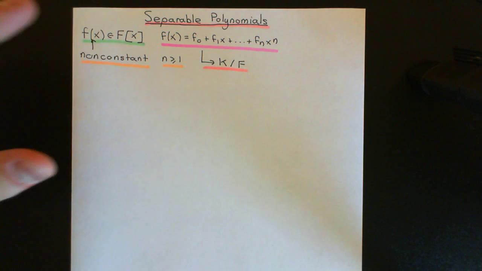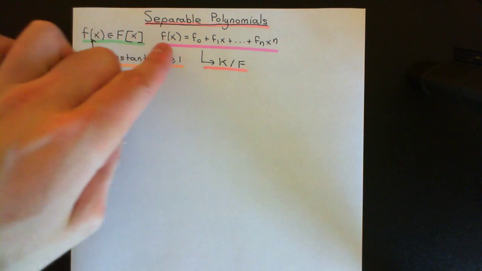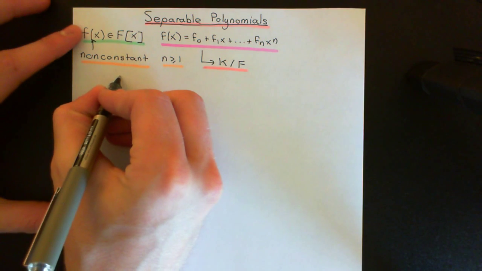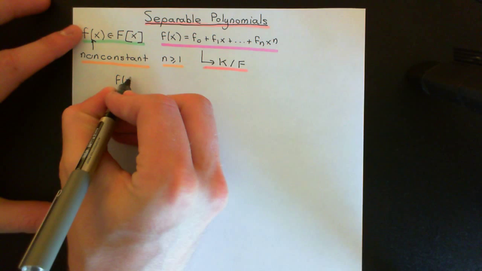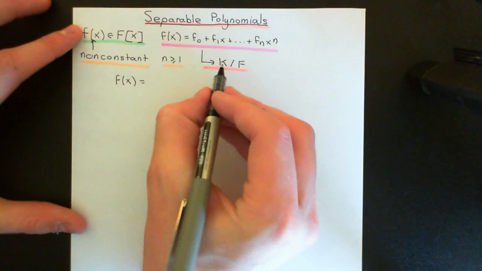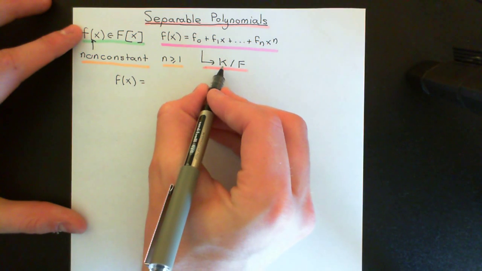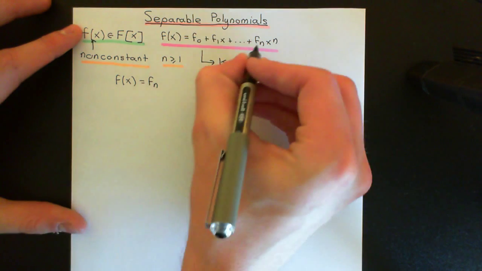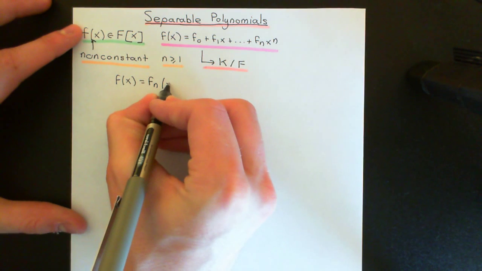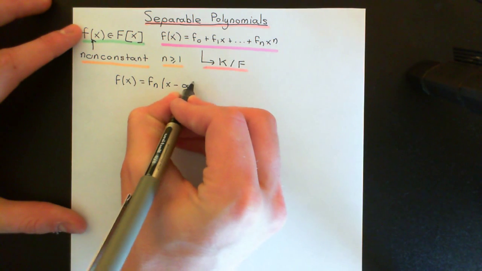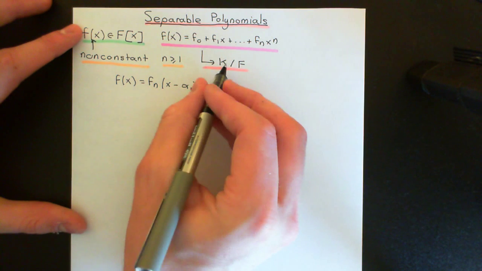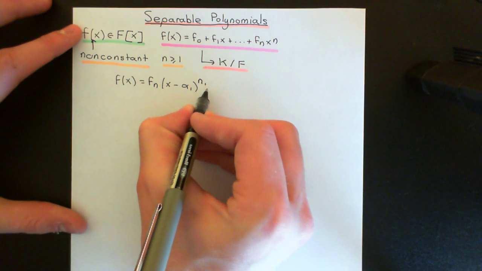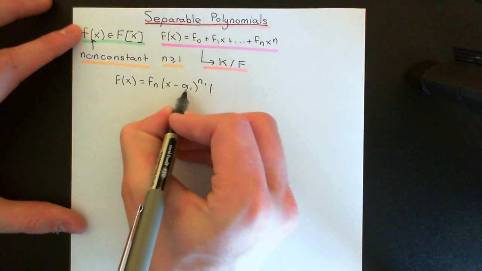Over this splitting field, this polynomial will split into linear factors, so it will look something like this. f of x, and this is a statement I can write only in the ring of polynomials over the splitting field, is equal to fn, the leading coefficient out the front, and then x minus alpha 1, where alpha 1 is a root of the polynomial that's in the splitting field, capital K, to the power of n1, where n1 is the multiplicity of this root.